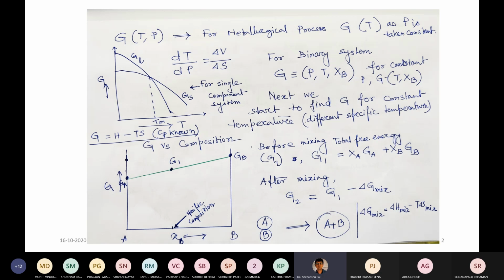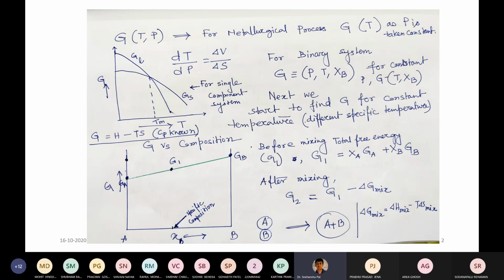So before mixing there will be a G1 of the system. G1 equals XA into GA plus XB into GB, using the rule of mixtures. We can easily find that, but it is before mixing.